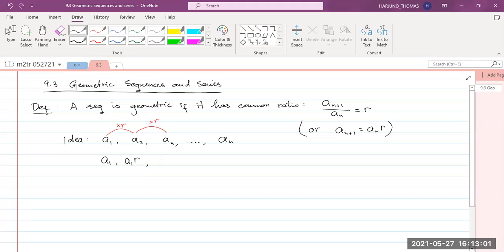So the third term is the first term times R squared. You see, from the first term, you jump twice, but instead of adding d, now you're multiplying by R. And so on and so forth, such that the nth term is the first term times R to the n minus 1.